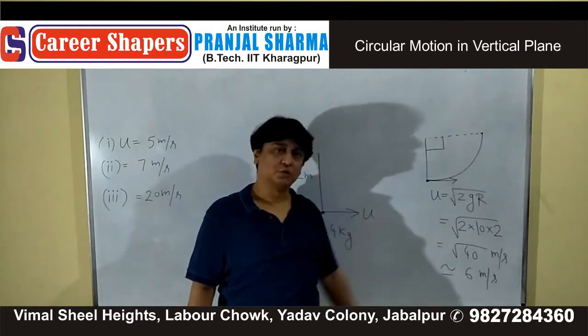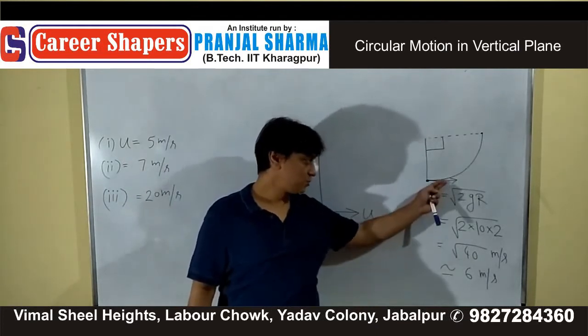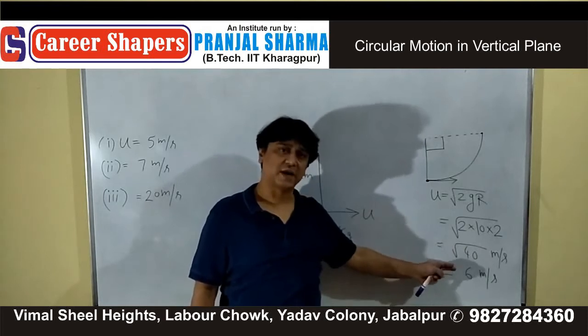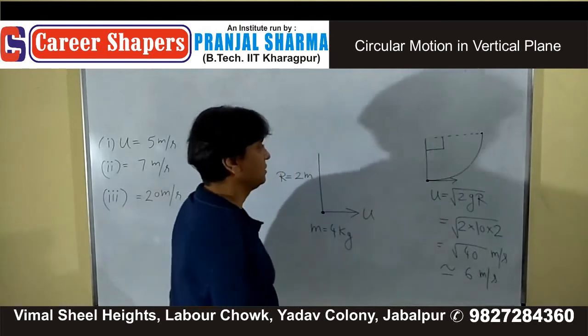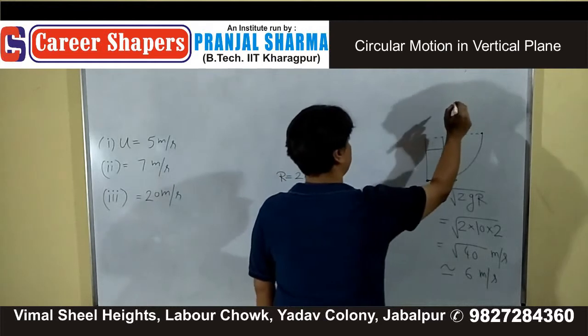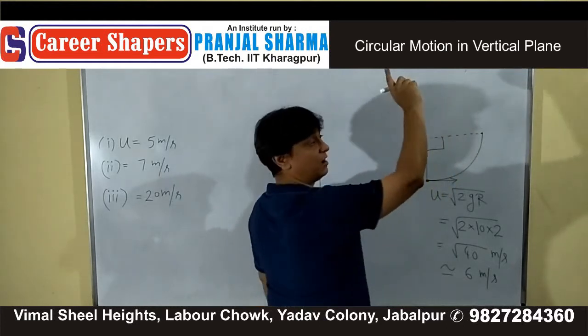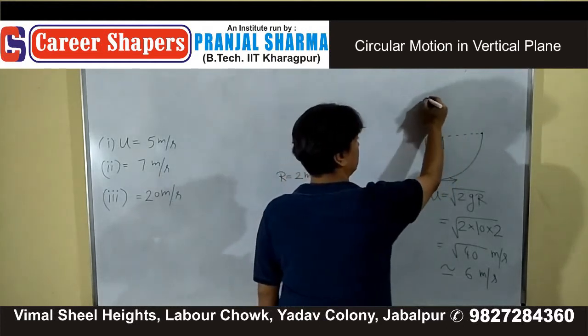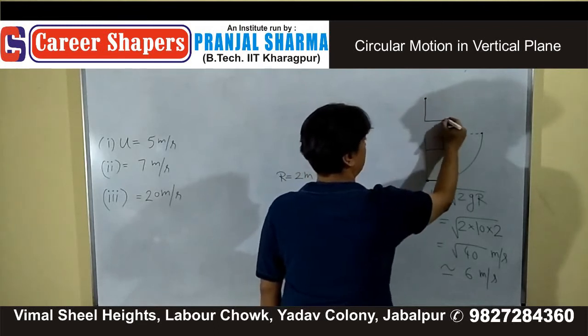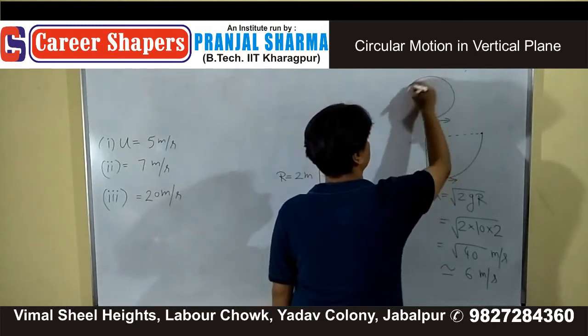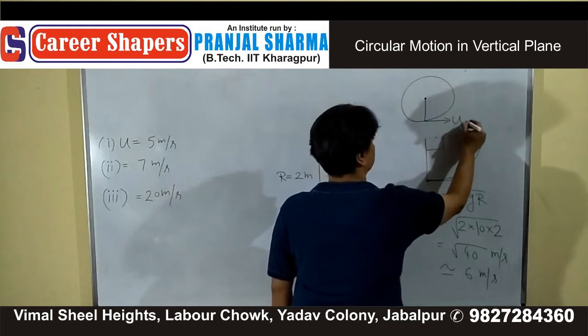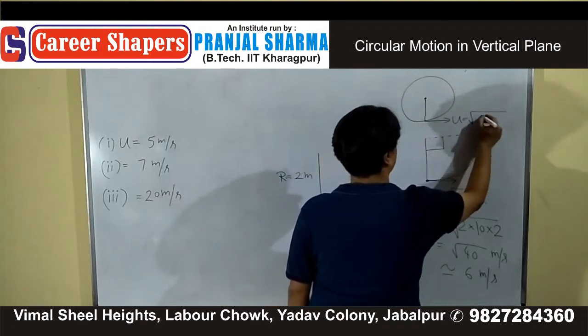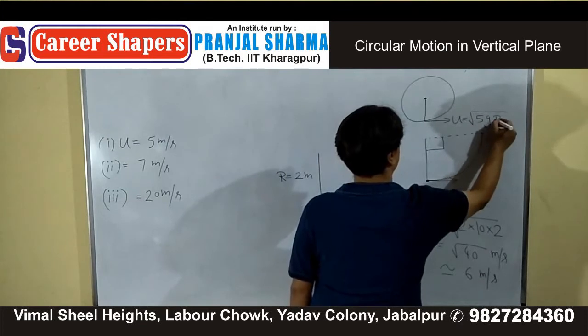To complete 1/4 circle, the velocity required at the lowest point is 6 meters per second, and the velocity required to complete half or full circle is root over 5gr.